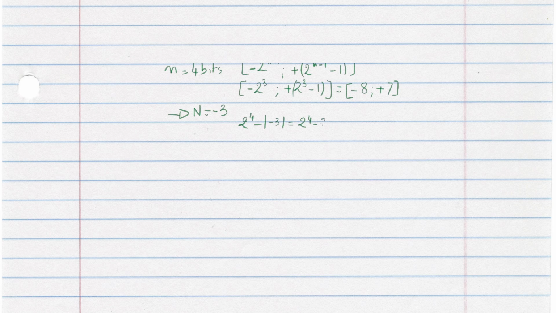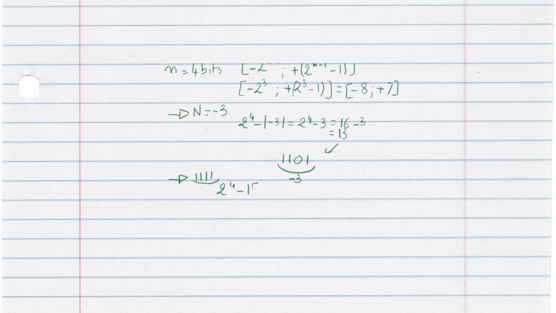So 2 to the power of 4, 16, minus 3, that's 13, and the binary representation of 13 over 4 bits is the 2's complement representation of minus 3. So 1, 1, 0, 1 in 2's complement notation over 4 bits is the representation of minus 3.